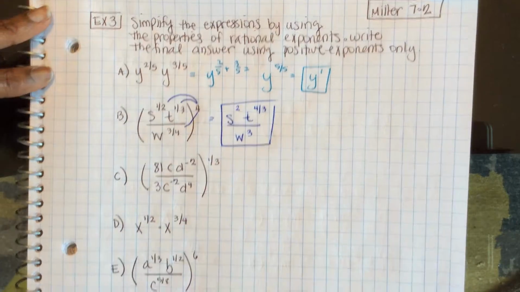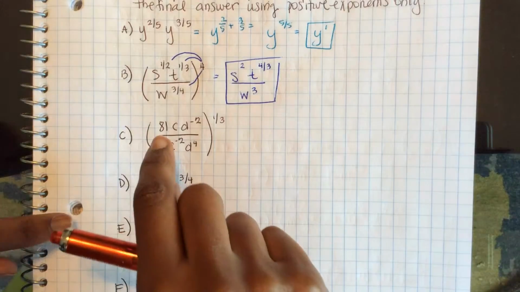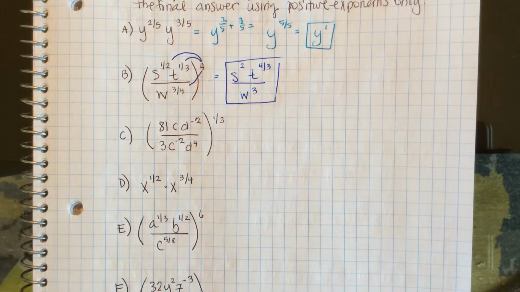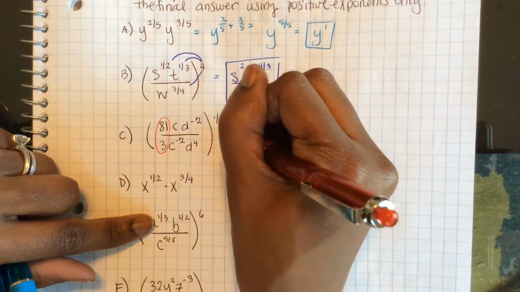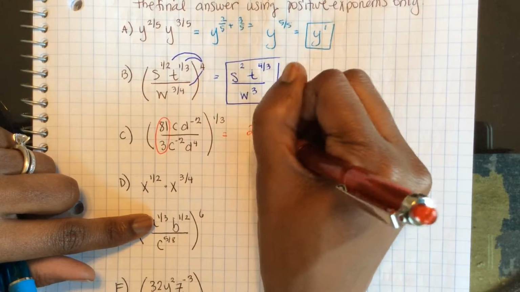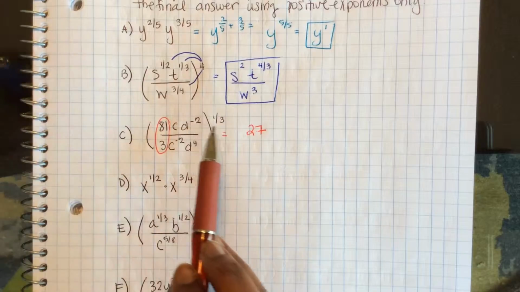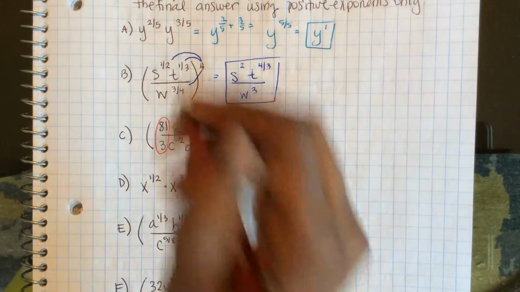Once again, we're going to use these same properties. Now, let's see, 81 divided by 3 is 27. So I'm going to see that I can simplify these two first to make it 27. So now I want to simplify what's inside my parentheses.